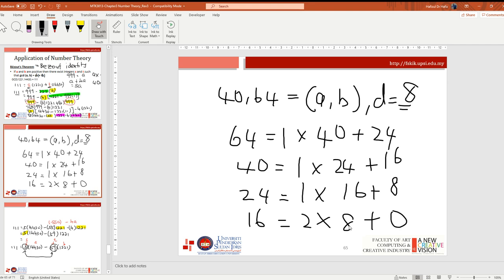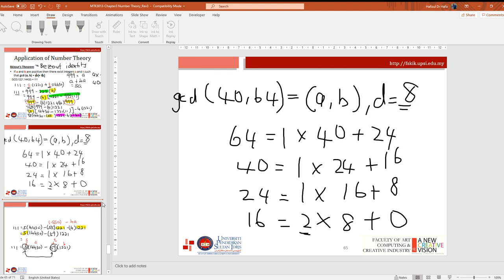Okay, yang ni yang kita tengok GCD biasa lah. Yang ni GCD. Jadi GCD yang ni kita dapat 2 kan.